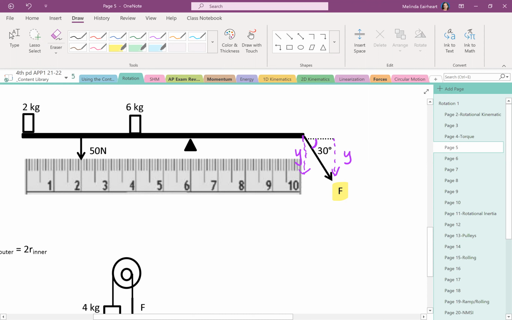And so this unknown force that we're trying to find, it has a sine relationship, not because that's what the formula chart shows, but because the perpendicular or Y component is opposite the given angle. Yes? And so I can make a trig function, or an expression here, that F_Y, or perpendicular, is equal to the hypotenuse times sine theta.